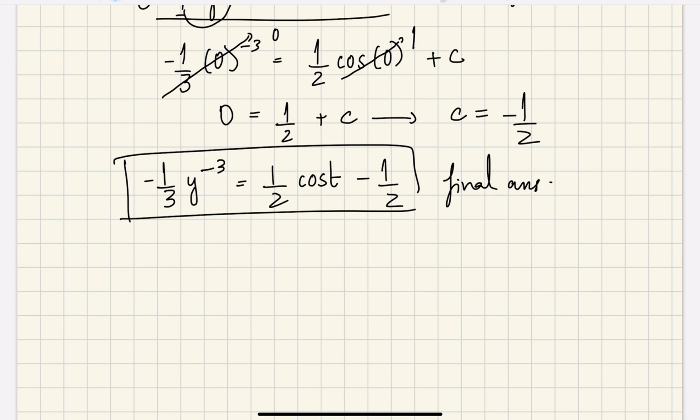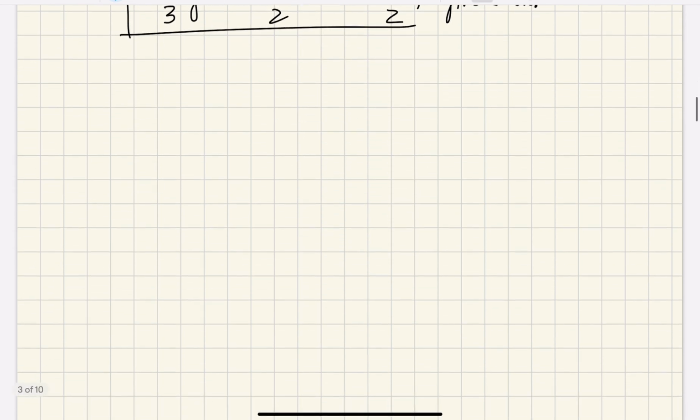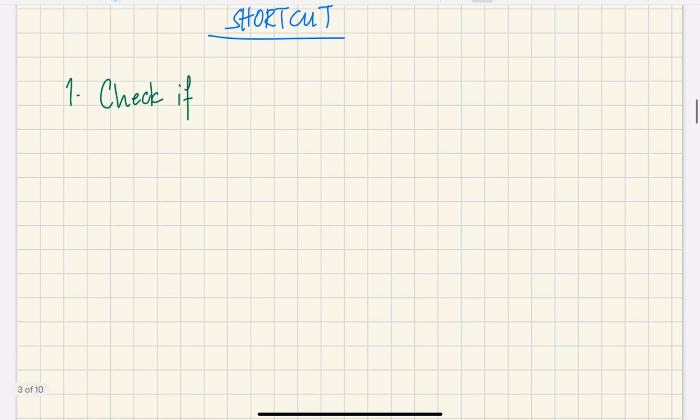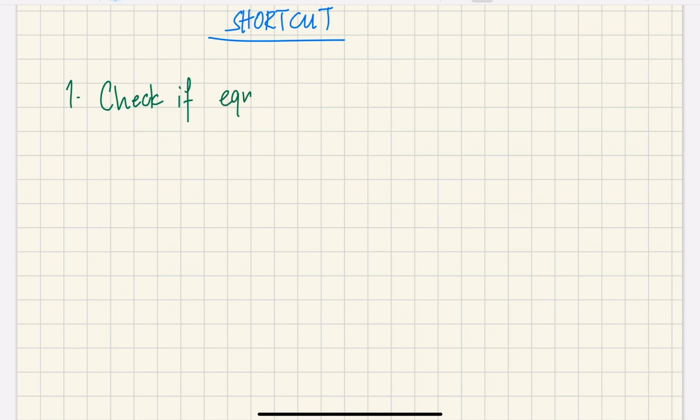Let me give you guys a shortcut method. Not a shortcut, but just a method. But because we're cool, we're going to call it the shortcut. First, you check if the equation can be put in the form y prime is equal to b of t times c of y.